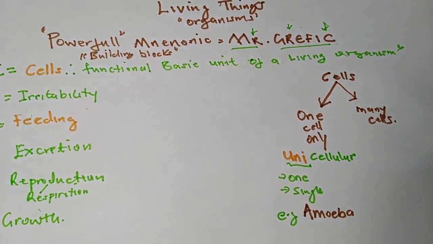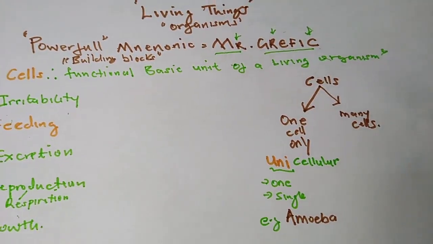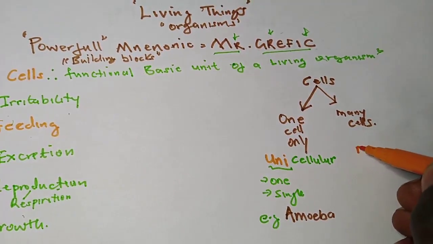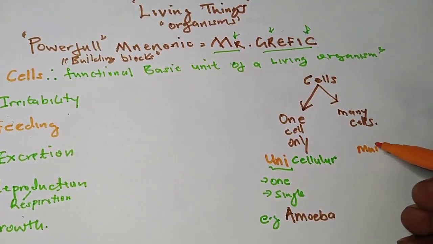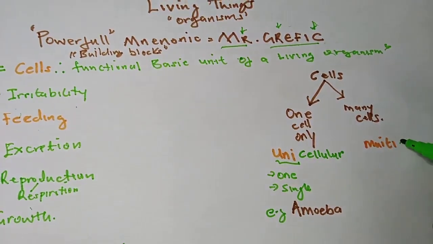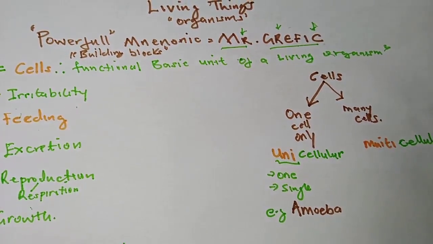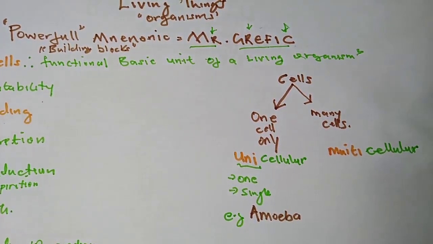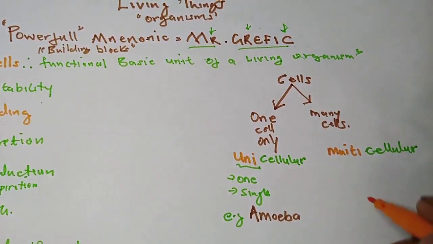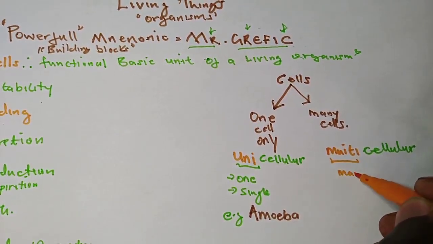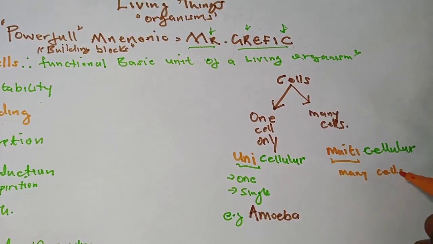Apart from this, we have another group of organisms that are made up of many cells. For example, human beings. We call this multicellular. Multi here means more than one, many cells.